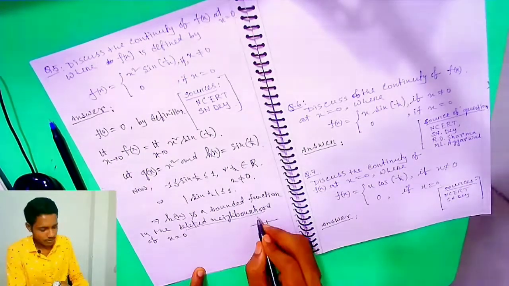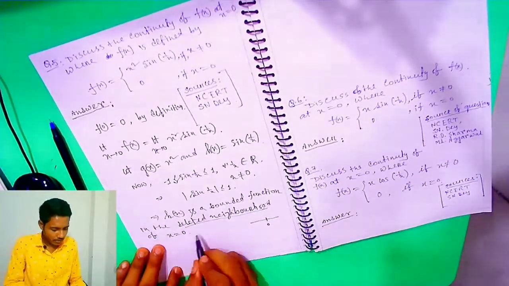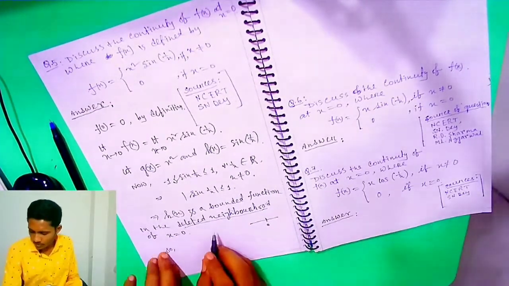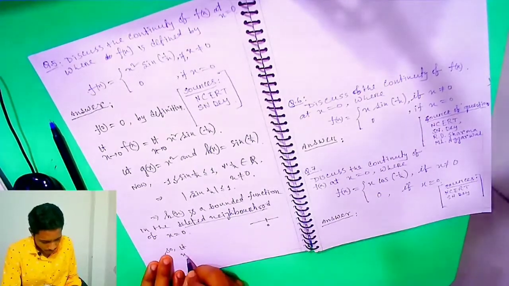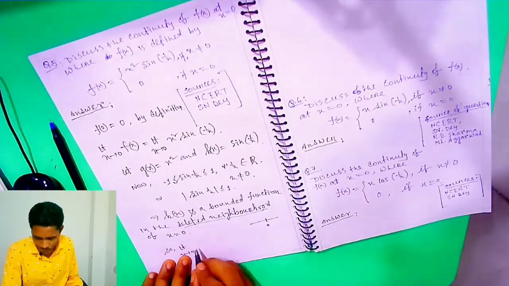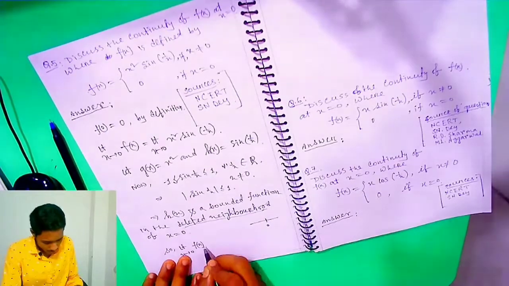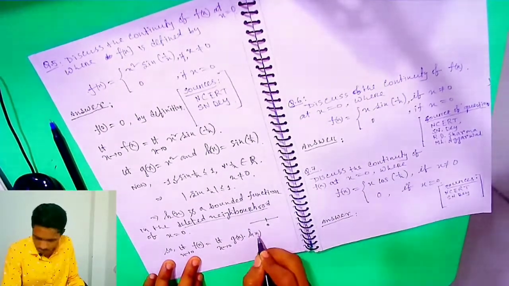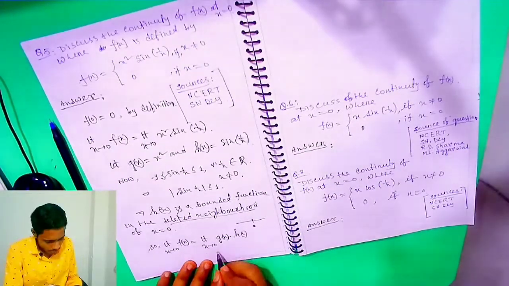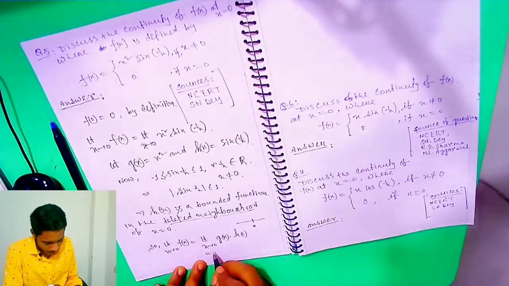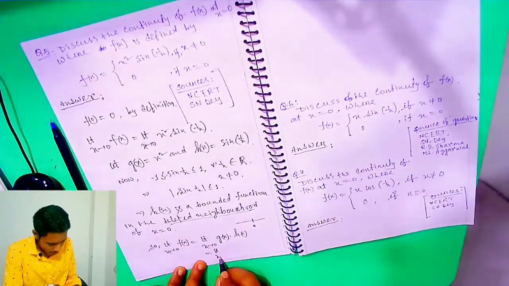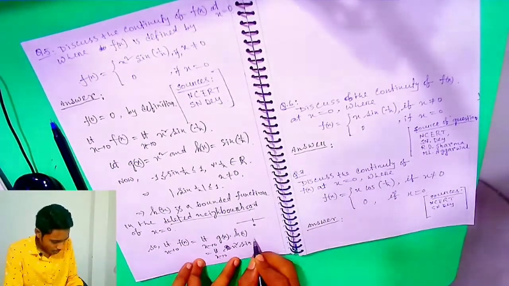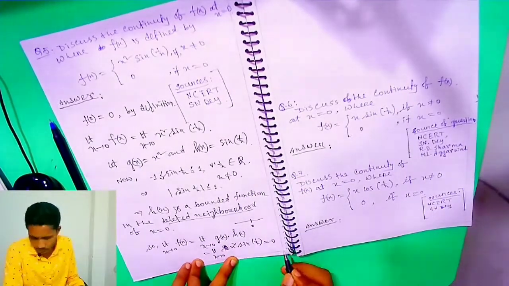Now, limit x tends to 0, f of x is equal to limit x tends to 0, g of x into h of x, is equal to limit x tends to 0, x square into sine 1 by x, is equal to 0, right?